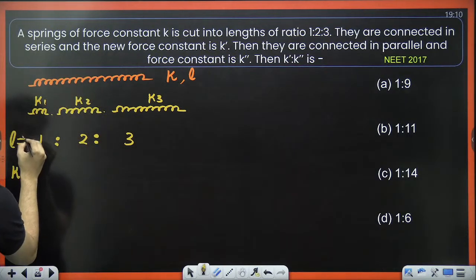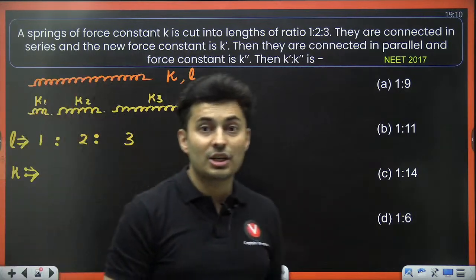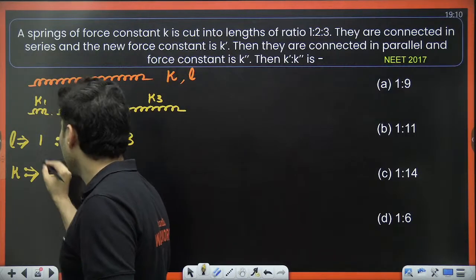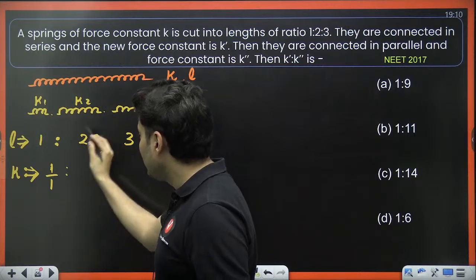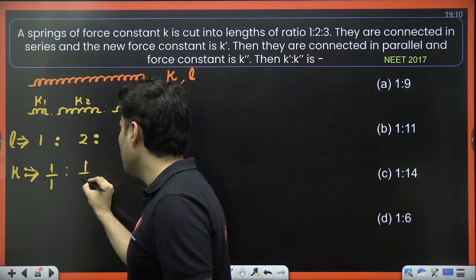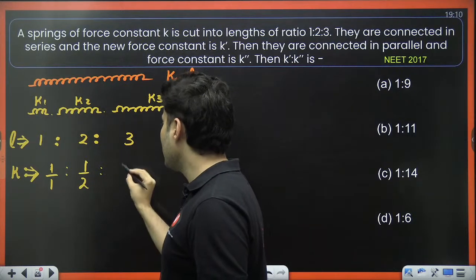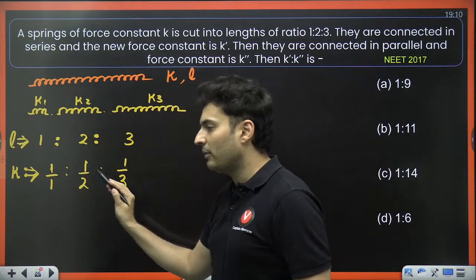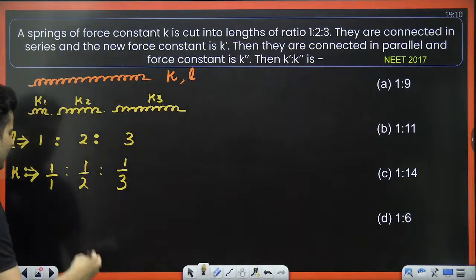If the length ratio is 1:2:3, what will be their spring constant ratio, inversely related to the length? So it will be 1/1. Then for length 2, it will be 1/2. Inverse means reciprocal, so for length 3, it will be 1/3. So the K values are 1/1 : 1/2 : 1/3. You take the LCM, which is 6.